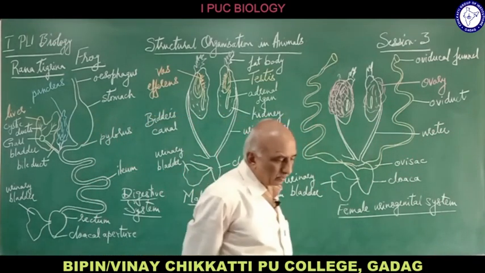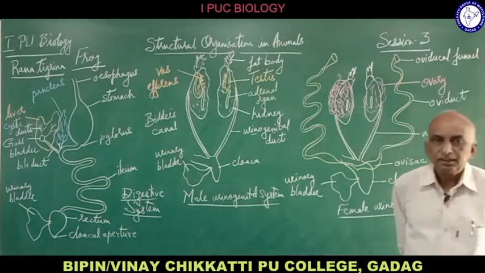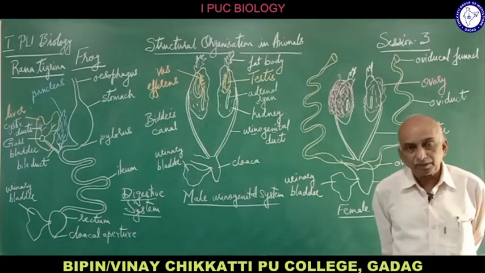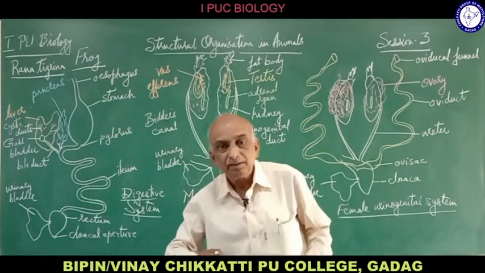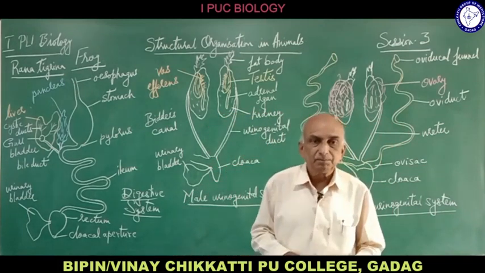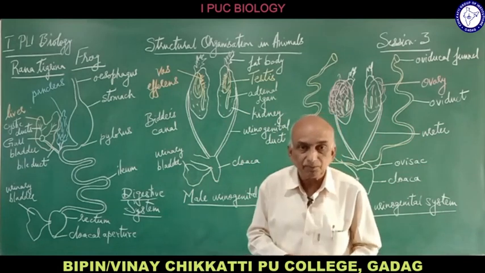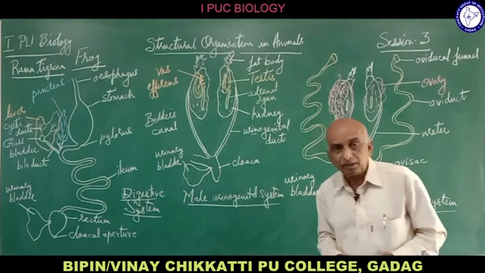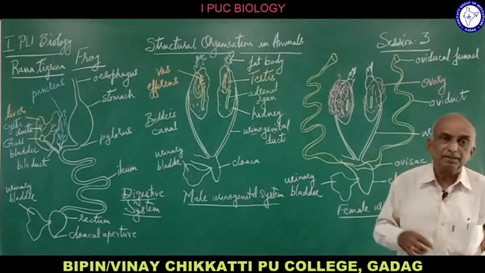The morphological changes mean the tail disappears, the circular mouth without well developed jaws now develops jaws, and limbs, which are absent in the tadpole, develop in the frog.